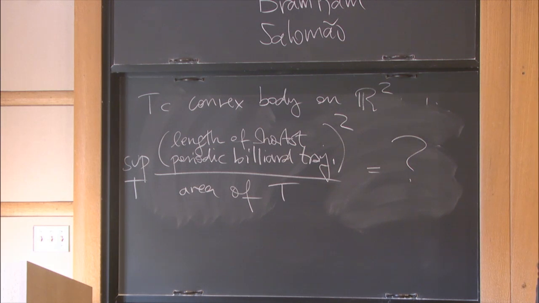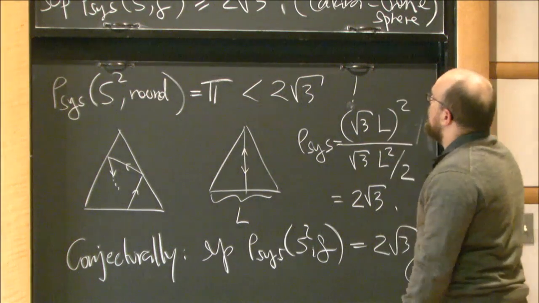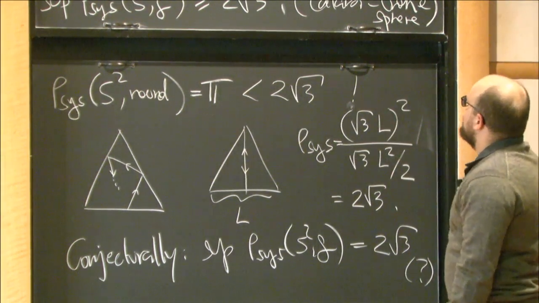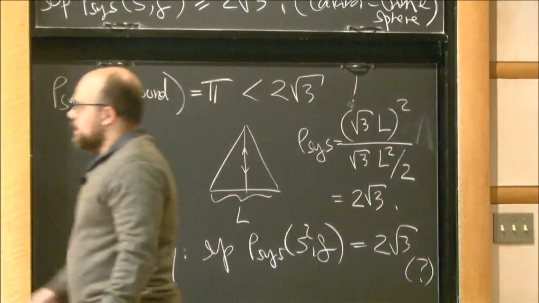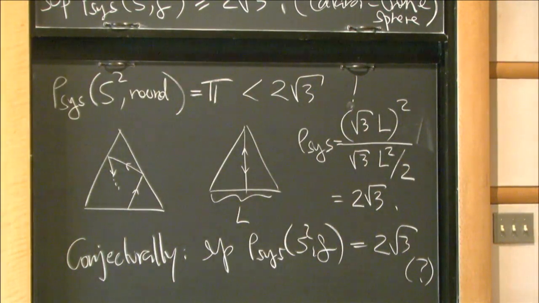So we saw here that the round sphere is not a global maximizer, because you have the Calabi-Croke sphere with a higher systolic ratio. But then one might ask if the round geometry is a local maximizer.